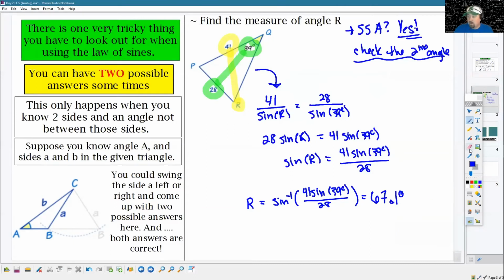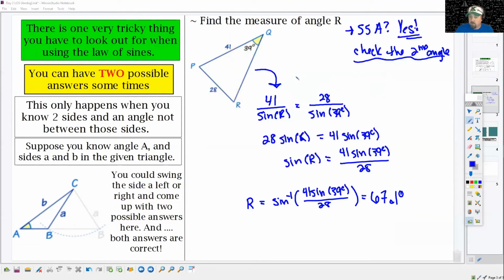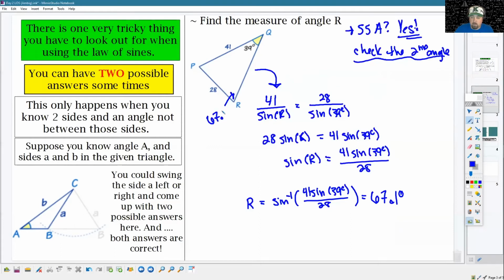67.1 degrees. Now I'm going to erase what we had highlighted up here because we're going to fill in the blanks of what we're finding. We're finding angle R. What we just figured out is this angle is 67.1 degrees, which fits because 67.1 plus 39 leaves us room for a third angle in our triangle, so it actually has measure.